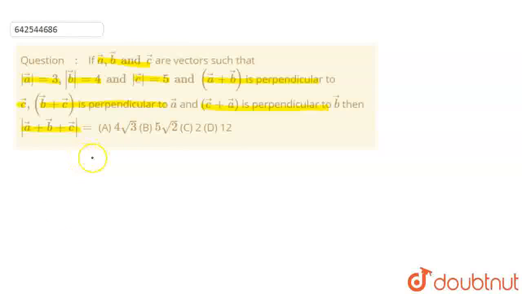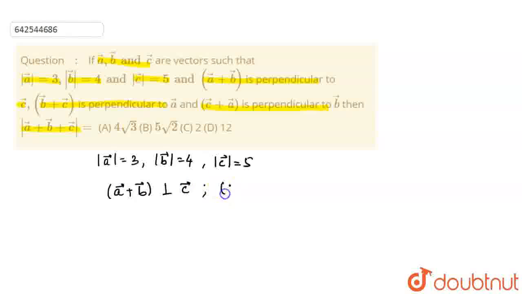So now what is given in the question? Given in the question is magnitude of A is equal to 3, magnitude of B is equal to 4 and magnitude of C is equal to 5. A vector plus B vector is perpendicular to C vector, B vector plus C vector is perpendicular to A vector, and C vector plus A vector is perpendicular to B vector.